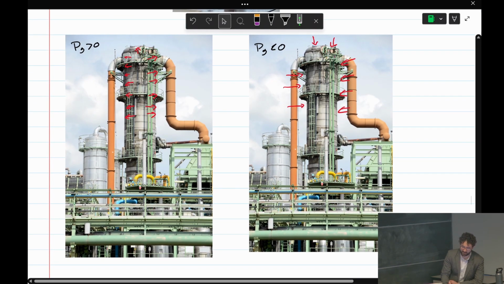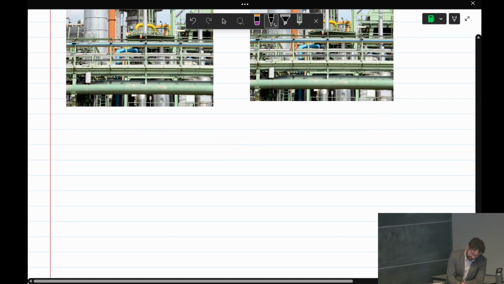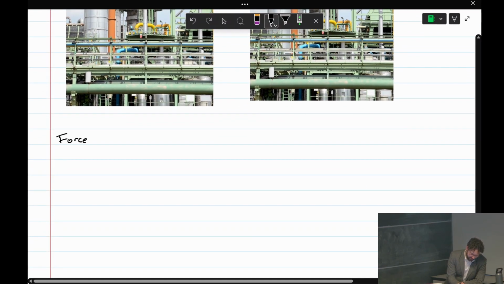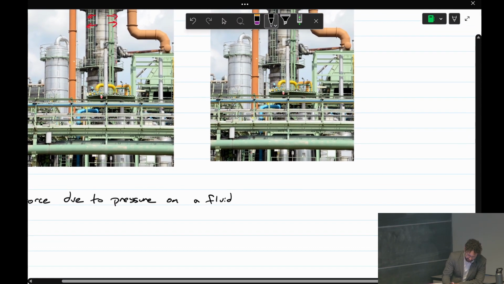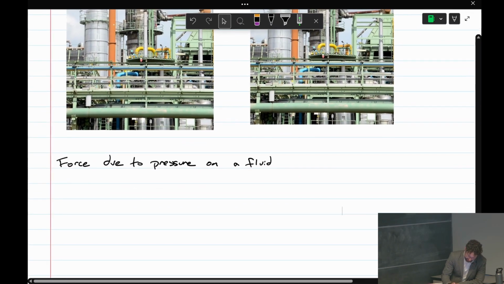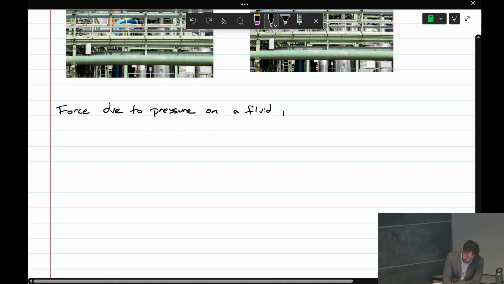Okay, so let's do some math. Now we're going to compute the force due to pressure on a fluid element. I'm actually going to replace element with parcel here, sorry about that, just so we're using the same language.